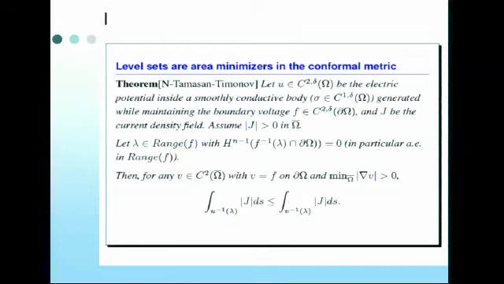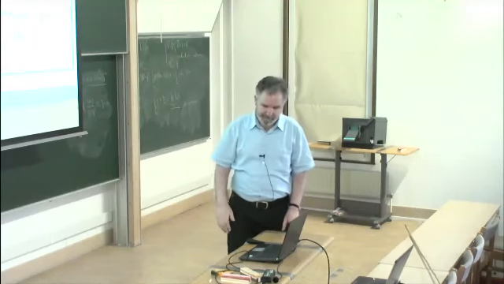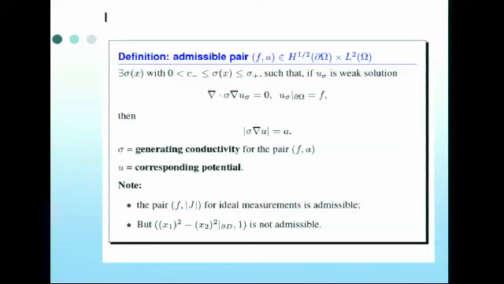And you have to be a little careful on how you state this because of geometric measure theory technicalities. Okay, so as I hinted at before, we're going to now look at data which is admissible in the sense that it comes from a conductivity. And our results are for such data.